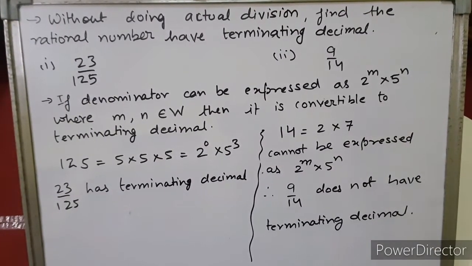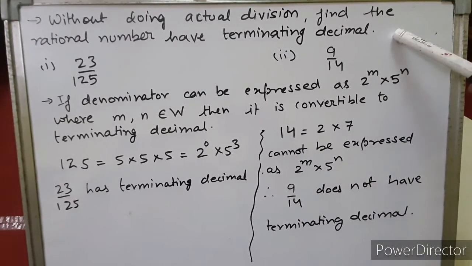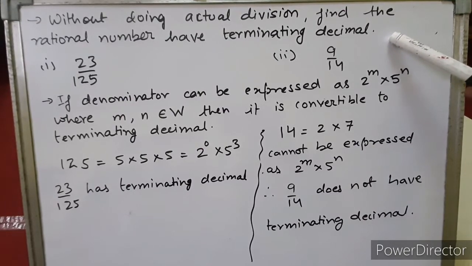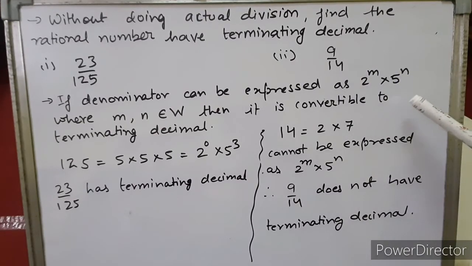See, in this sum it is given that without doing actual division, find whether the rational numbers have terminating decimal representation or not. So a few rational numbers are given. We have to find without doing actual division whether they have terminating decimal representation or not. So remember this point. Check the denominator.